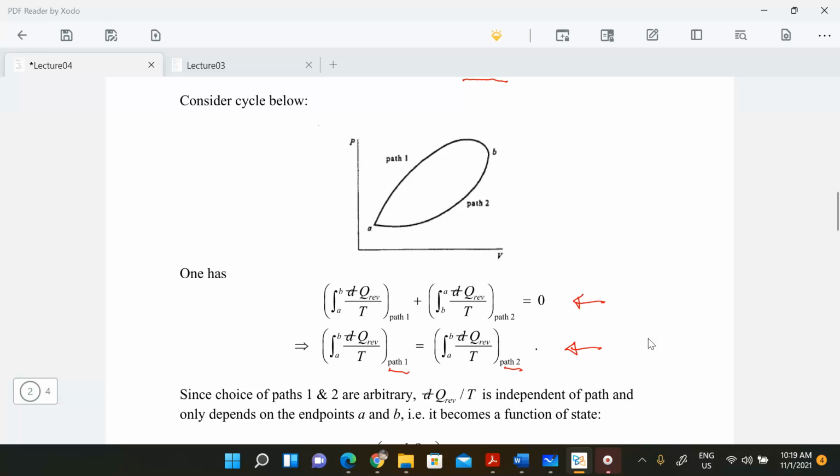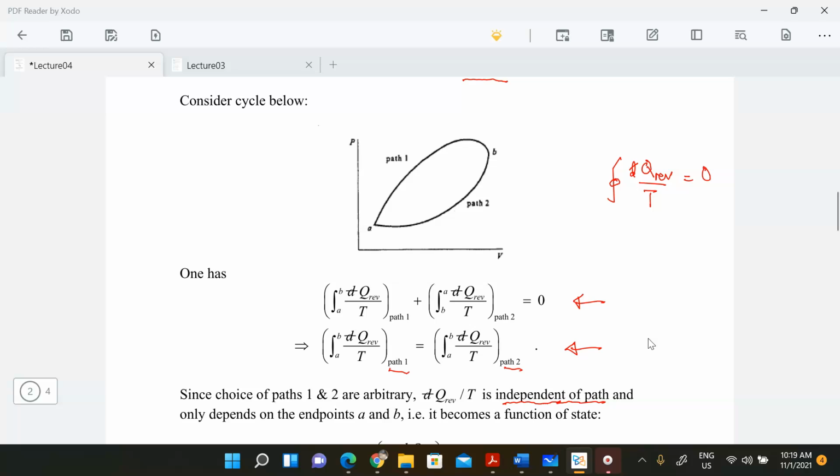So in other words, the integral that we had is actually independent of path, which is already implied in this particular integral over a cycle being 0.